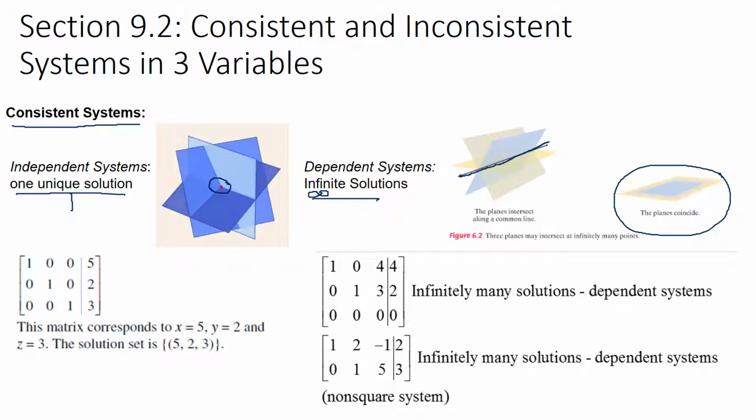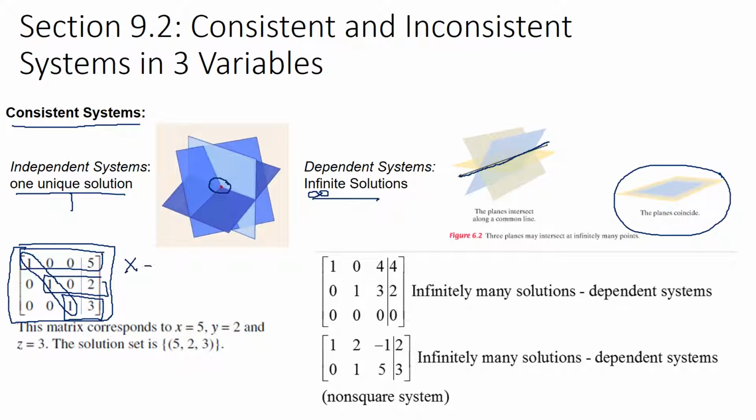So it's important to be able to identify matrices that show independent systems and dependent systems and what they look like. So if you have an independent system with one unique solution, we are looking at something like this, where we have a Gauss-Jordan elimination showing, because we have ones all the way down the diagonal, zeros in the other positions, and you can see that each row maps to one single variable.